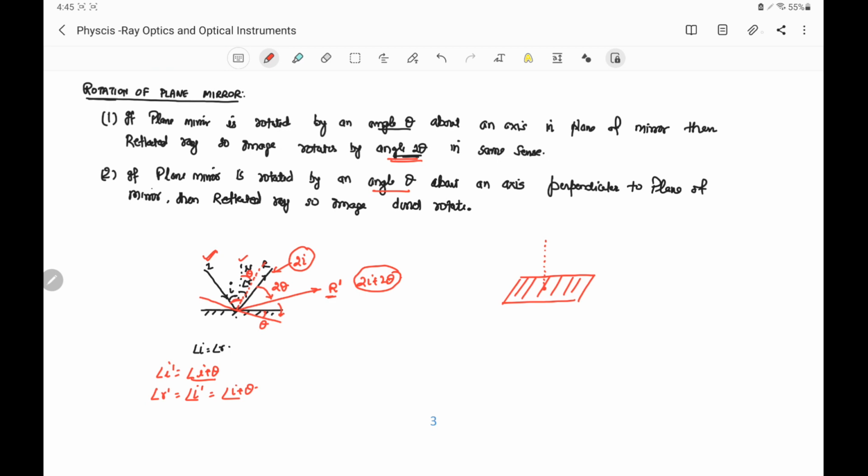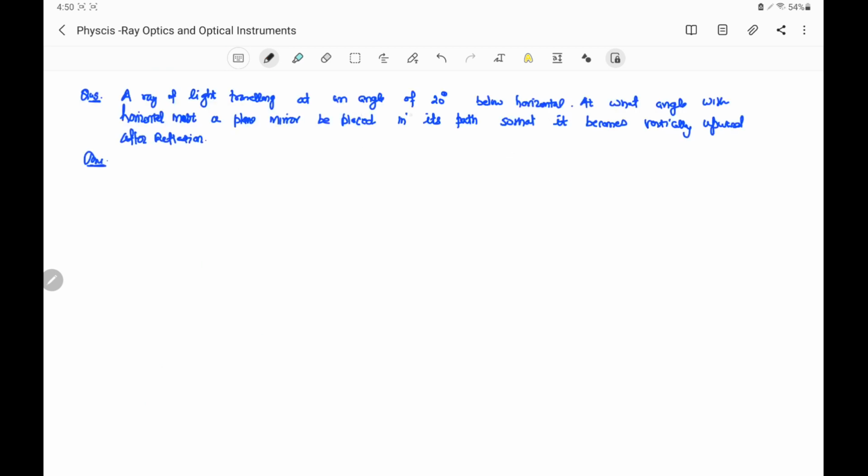Let's take a problem. A ray of light traveling at an angle of 20 degree below the horizontal. So as per this question, suppose horizontal is shown and a ray is traveling at an angle of 20 degree with the horizontal. At what angle with horizontal must a plane mirror be placed in its path so that it becomes vertically upward after the reflection?